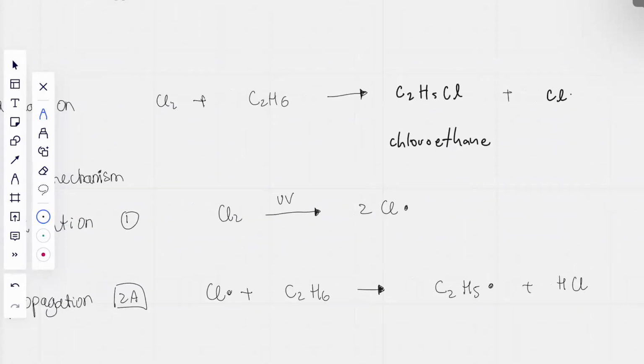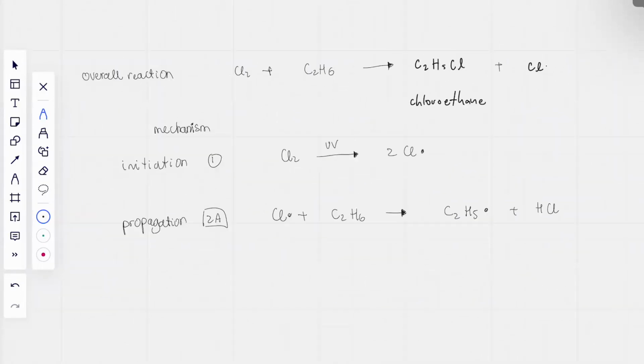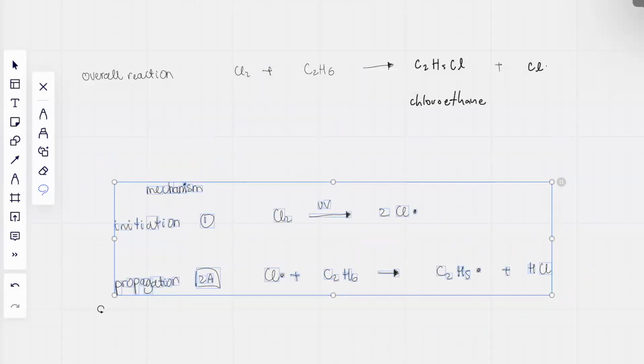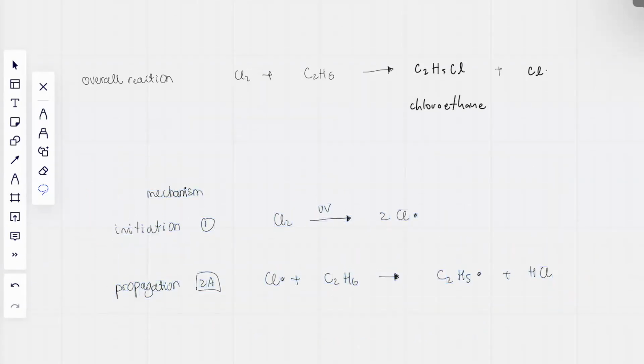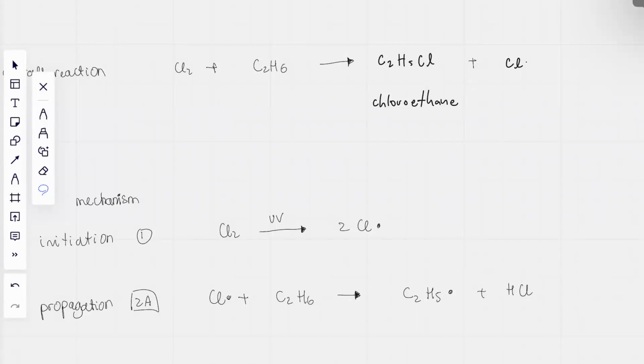Something is wrong in your equation. What is wrong there? The H is not balanced. What is it? Is it HCl?